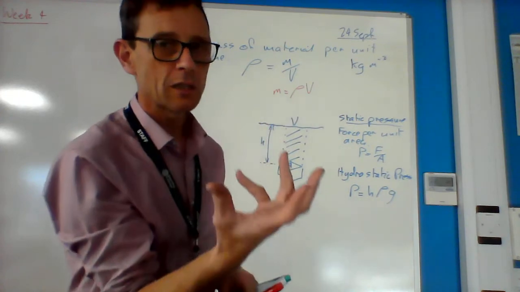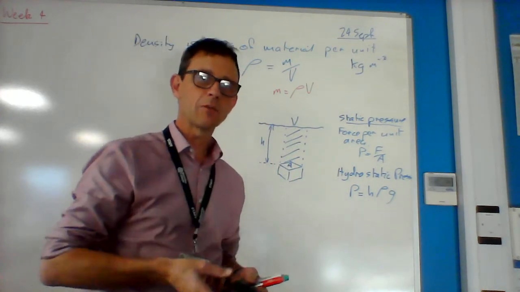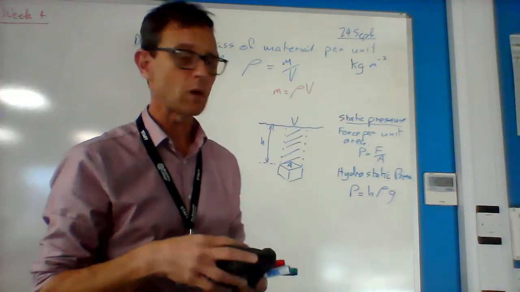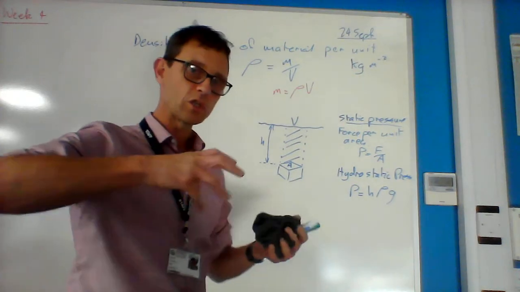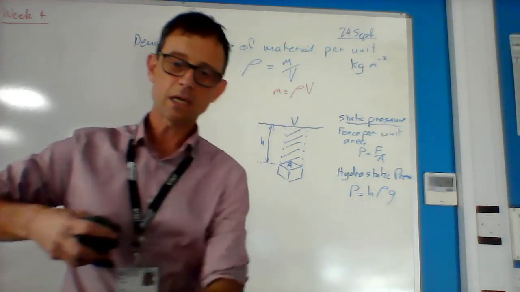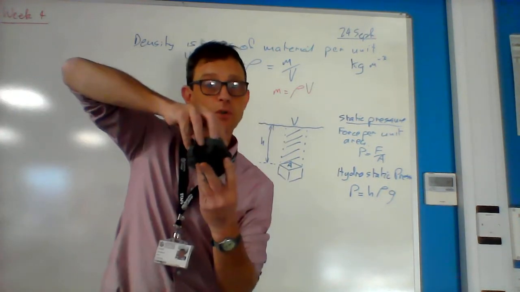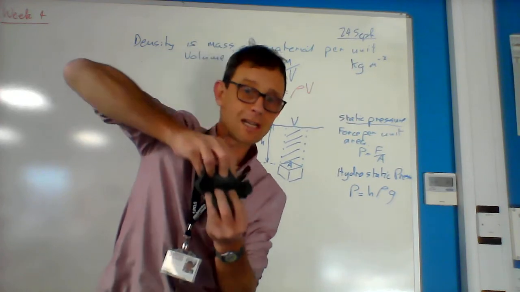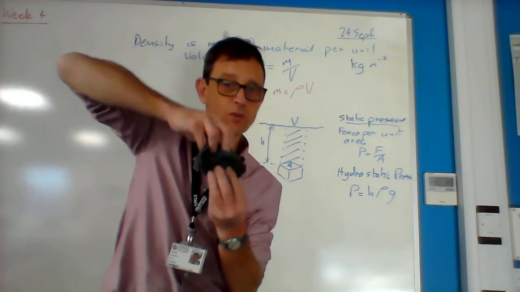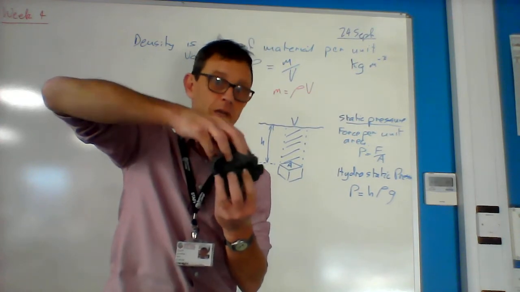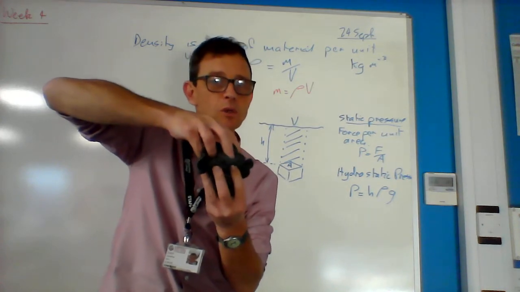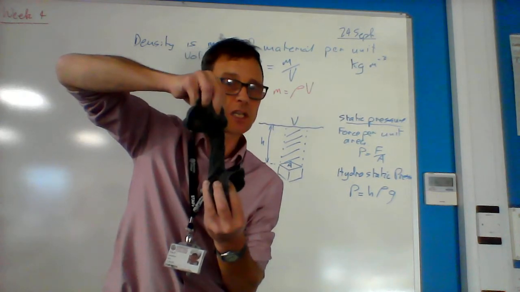Now we're going to look at an idea that's very similar. We're going to call it stress, and we'll come back to why. But it's all to do with forces. In this example, we are pressing down on the substance, so we have compressive forces, compressive pressure. But we also have tensile, where we stretch it.